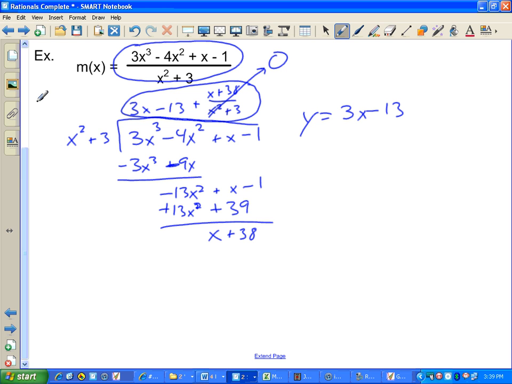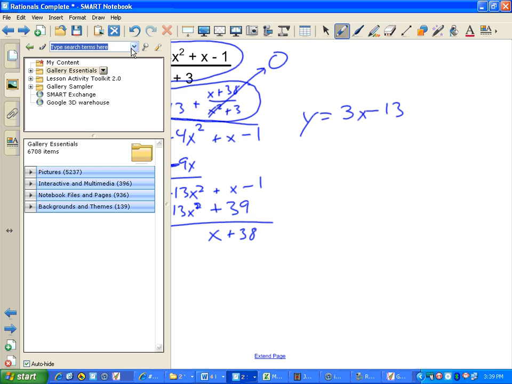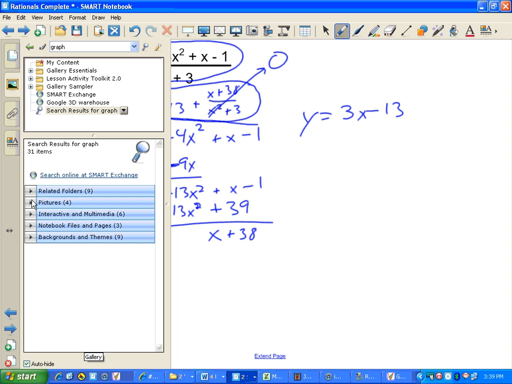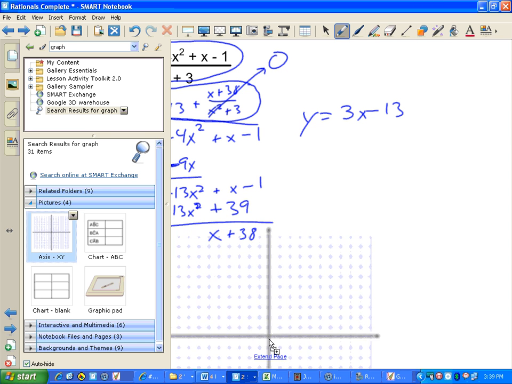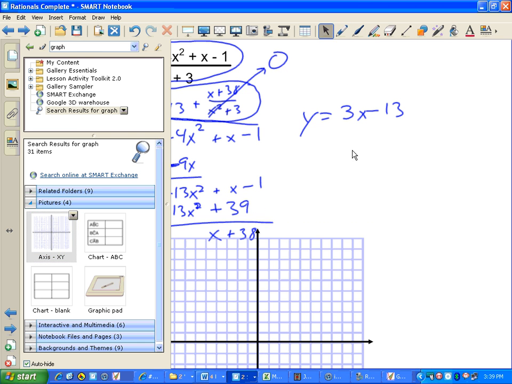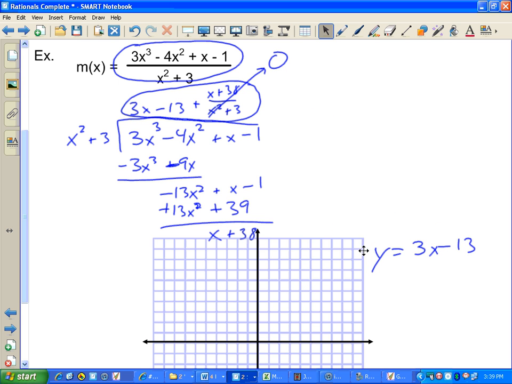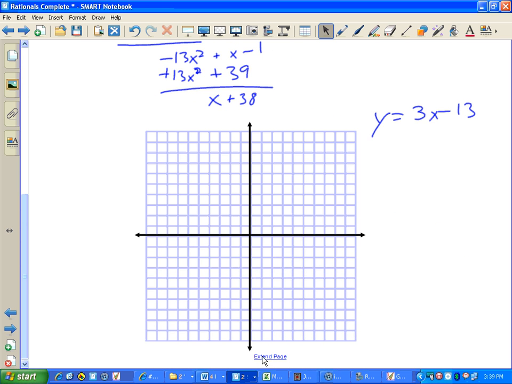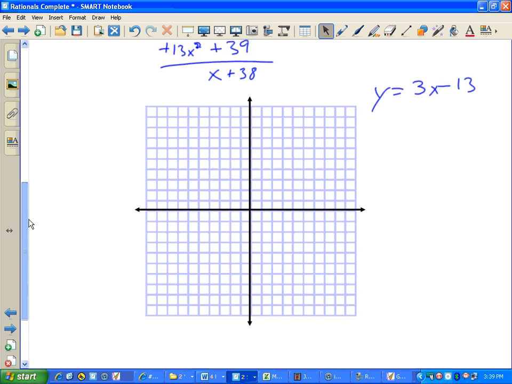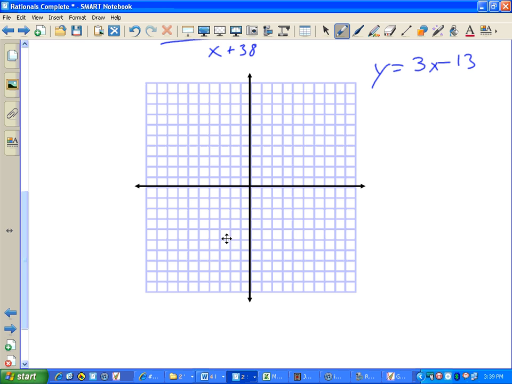If I were to graph this, I'd want to graph this line and use that as my slant asymptote, just like graphing a line. I need to go down to negative 13, so it's 10, 11, 12, 13.